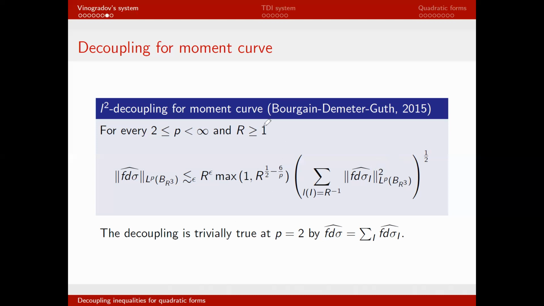This decoupling inequality is trivial when p is equal to 2. It's because we have this equality, and when p is equal to 2, we can simply apply Plancherel's theorem.